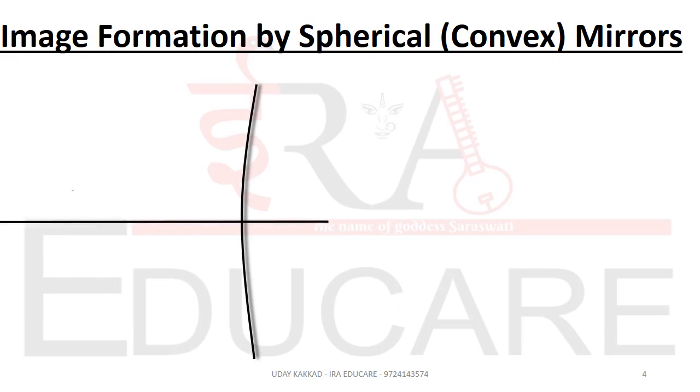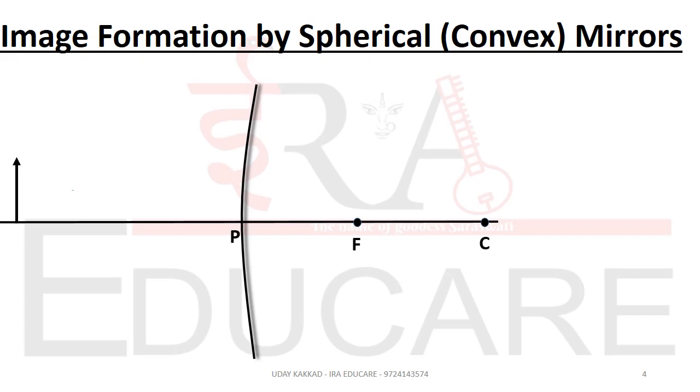Let's take one example. This is your convex mirror, principal axis, pole P, point F and C. Now your object is between infinity and P. Here only two cases are there: your object is either at infinity or it is between infinity and your pole P. It could be beyond C, at C, between C and F, at F, or between F and P. For any object, the formation is the same.